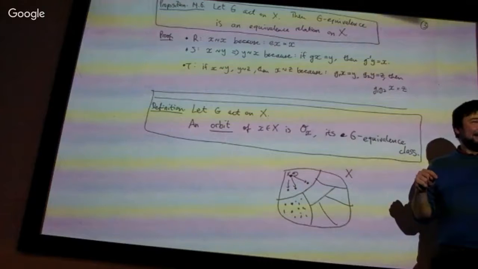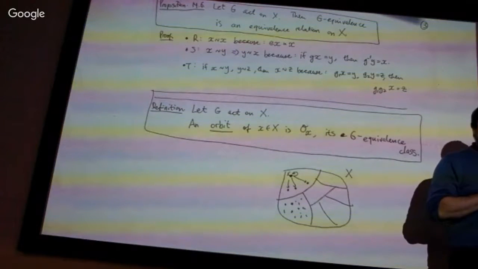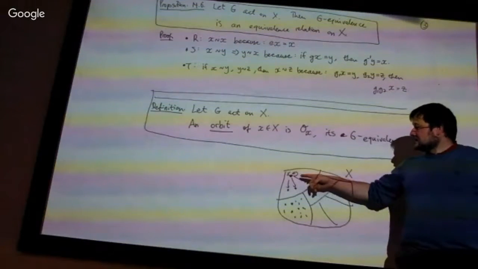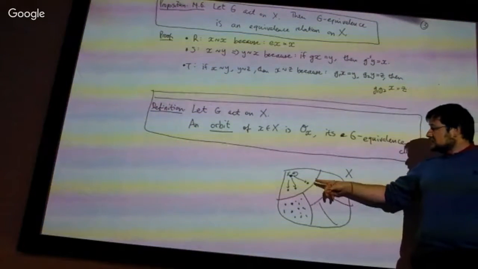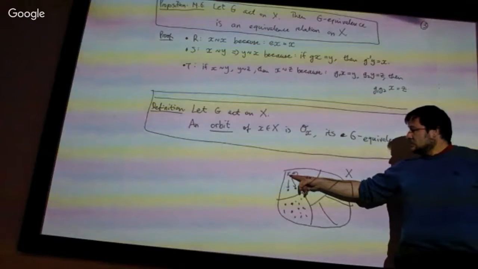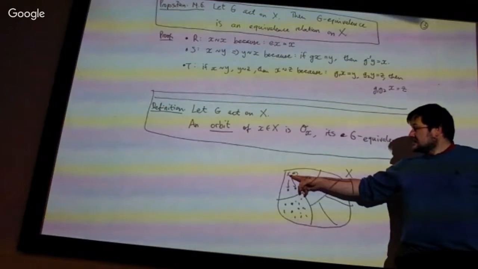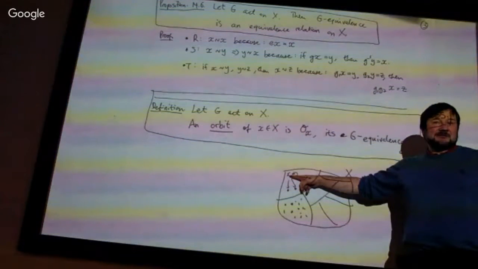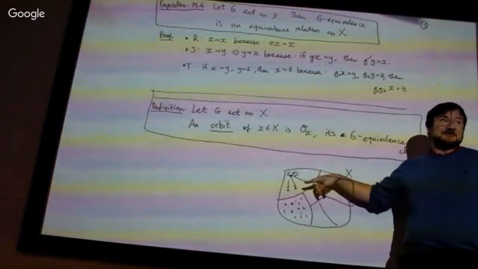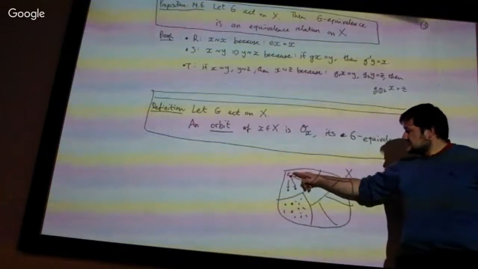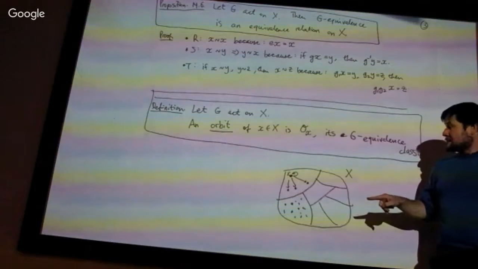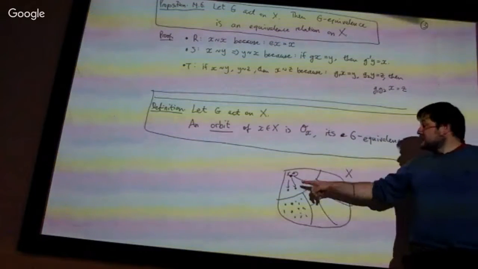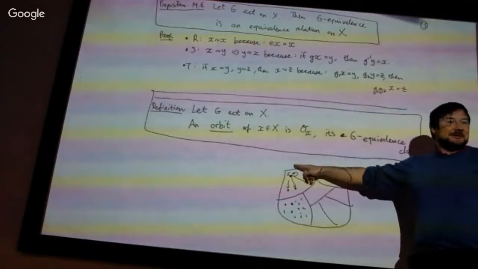Okay. And the reason that they don't have to be the same size is, you look at any element. So there is at least one element of the group which sends it to itself, and that's the identity, because the identity sends everything to itself. And then you might think that everything else sends it somewhere else, and that creates the orbit.